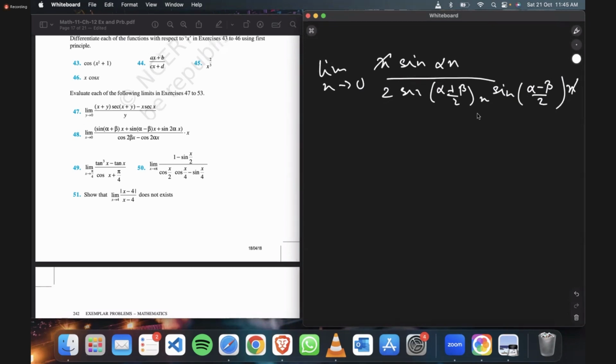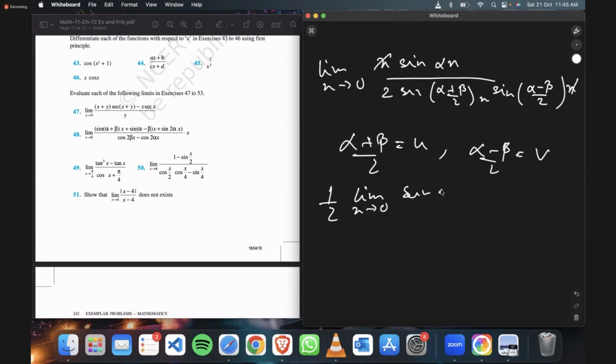If I take alpha plus beta by 2 as some u and alpha minus beta by 2, I'm sorry, as some v, then I can write this whole thing as half of limit x tending to 0 sine alpha x, multiplied with limit x tends to 0 x by sine ux, multiplied with limit x tending to 0 1 upon sine vx.